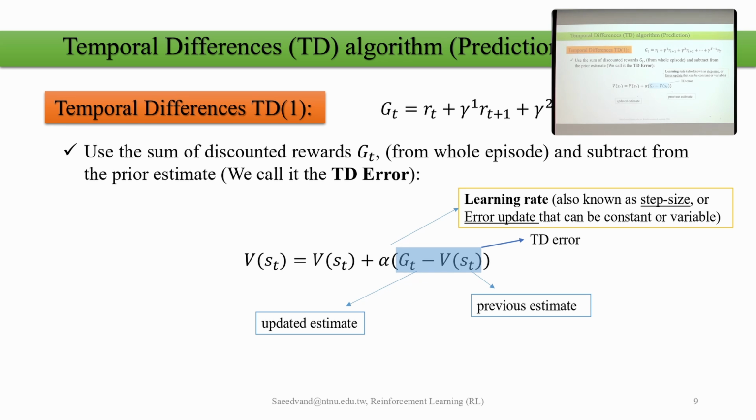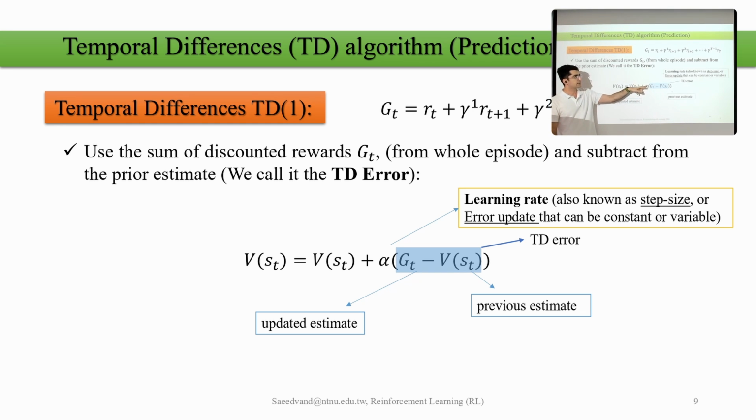So here we have the value of the state t, which is called the previous estimation. We have the updated estimation that comes from the difference between GT and the value of the state t, and alpha, the learning rate, which shows us how important this new update is compared to the old value.